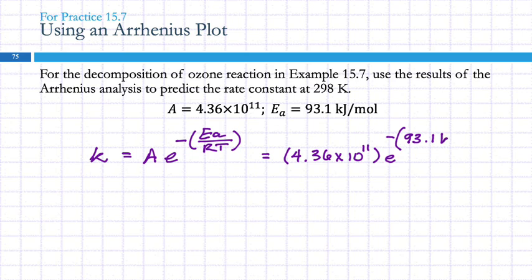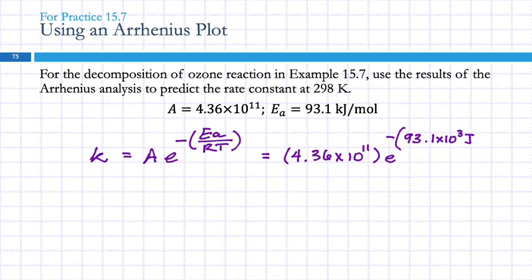So how do we make kilojoules into joules very quickly? Change the k to what it means, times 10 to the 3. So instead of writing k, I'm going to write times 10 to the 3 joules. If you were in my 1A class, we did that a lot.